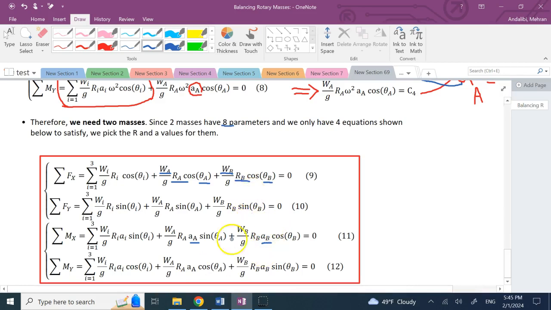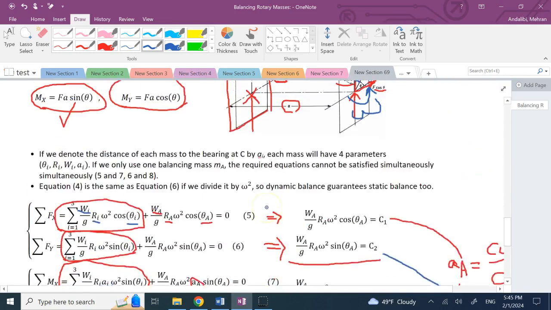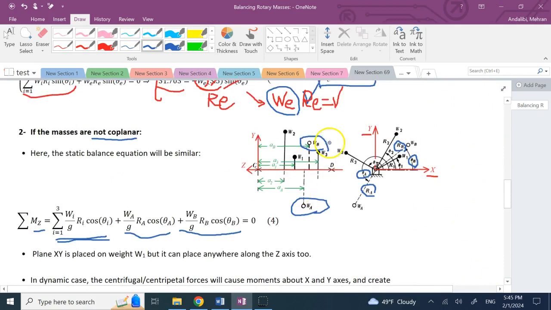As I said, for the A's, the selection is limited. Why? Because we want to attach these masses, WA and WB, to one of these rotary objects. So we typically pick AA to be the same as A2. So put this guy right here. And then maybe WB, attach it to W1.